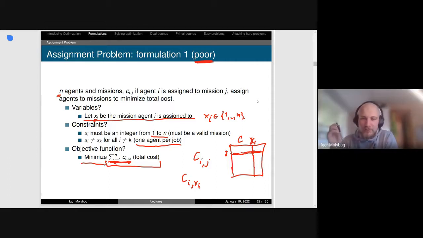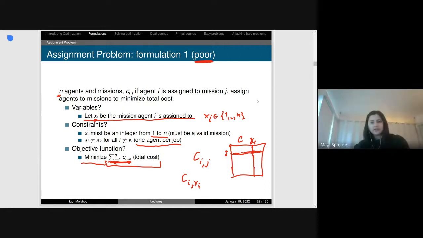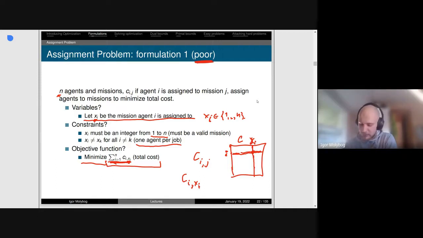So this is not your common way to formulate a problem. I just would like you to analyze this and tell me what is the problem with this formulation. There's clearly a problem with this formulation. Why is it bad for the purposes of our class, at least? It's not linear. It's not linear, absolutely.